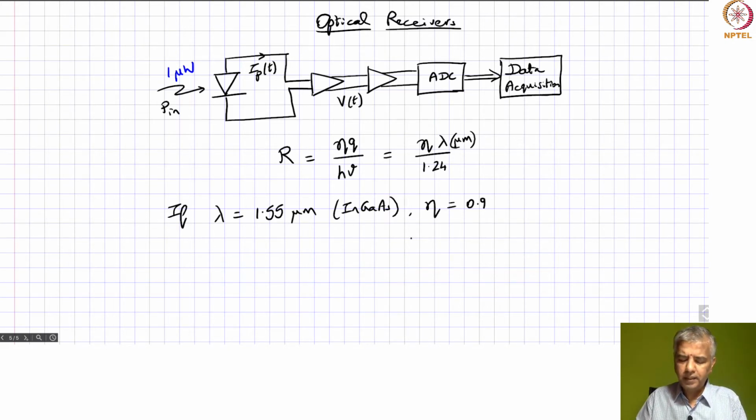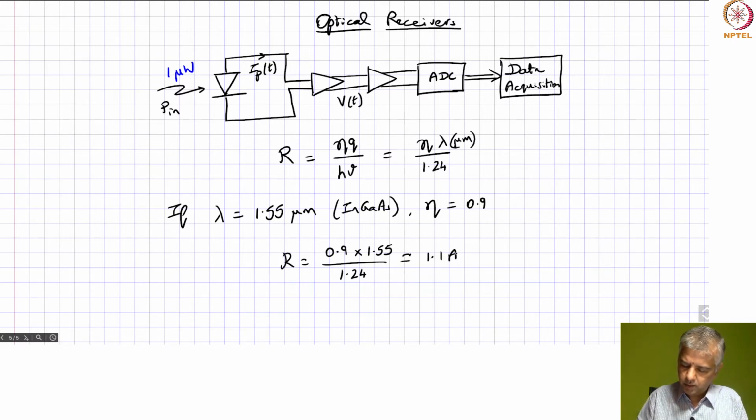If we plug in these values, R is now 0.9 multiplied by 1.55 divided by 1.24, and if you quickly do the math, that is about 1.1 amp per watt. So that's the kind of number you get for the responsivity.